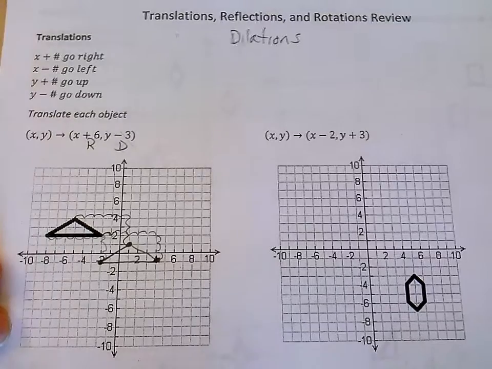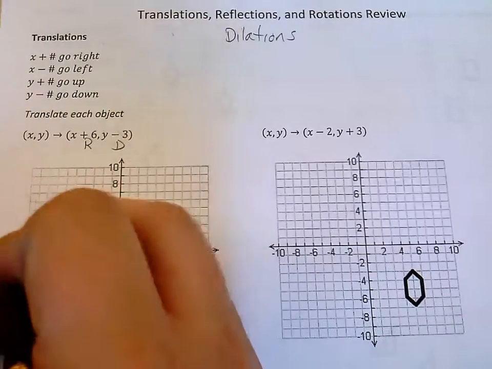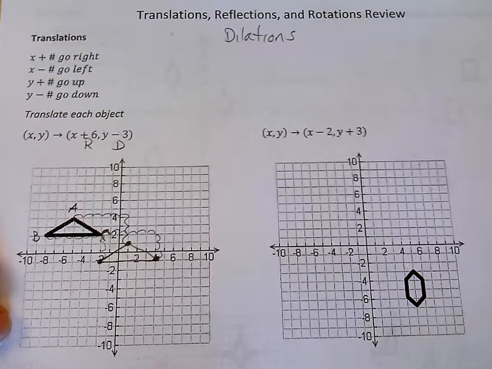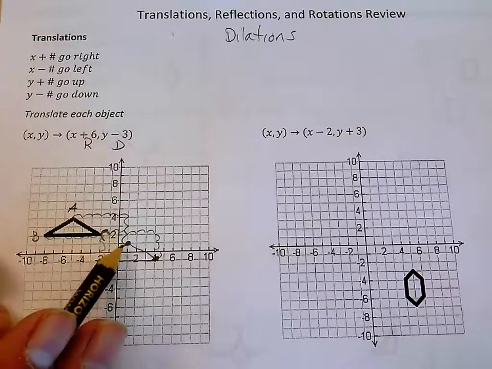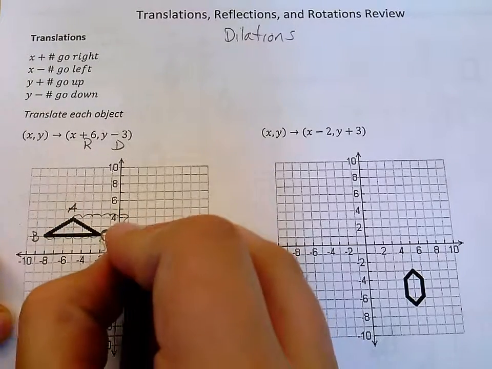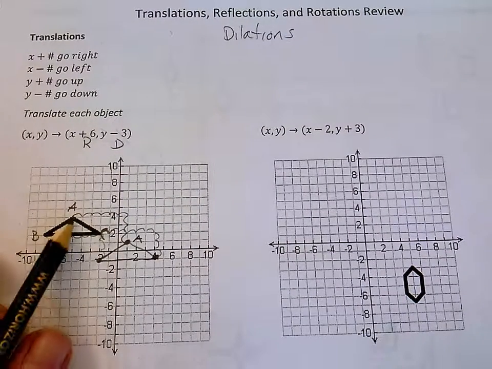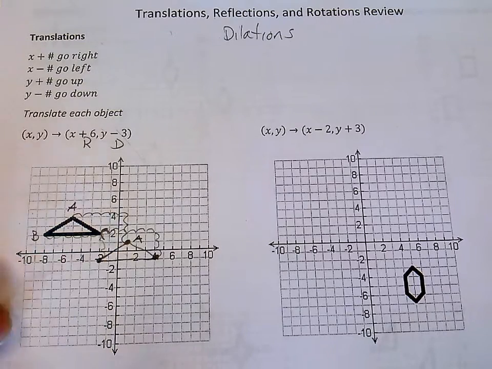Now, I don't have them labeled right now, but I'm going to explain these. If I label this A, B, and C, you moved your A from here to here. So I'm going to label that A again. But now we have to distinguish between this A and this A. So what we do is we make it a prime.